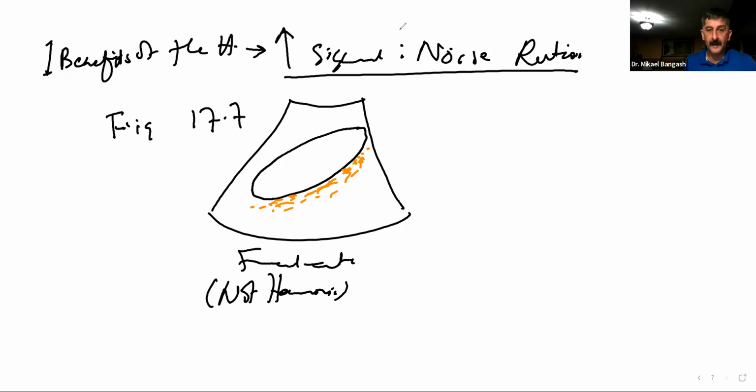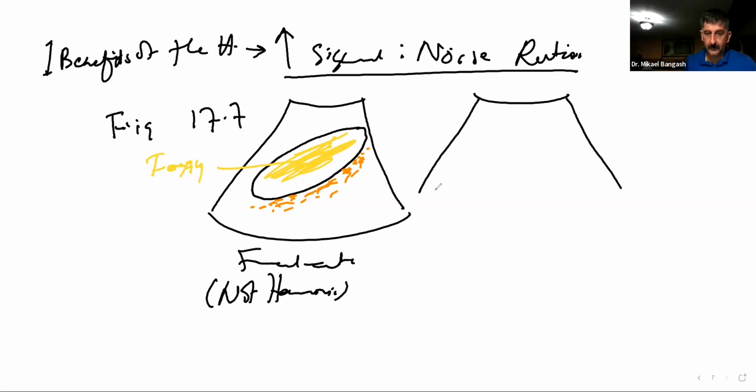Now, what you also may see is that this area here appears a little bit foggy when you compare that to the picture at the bottom.